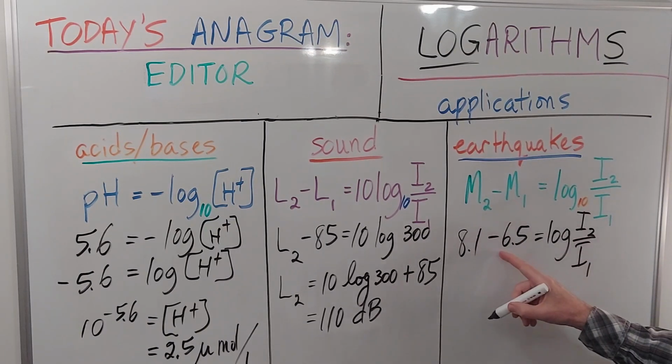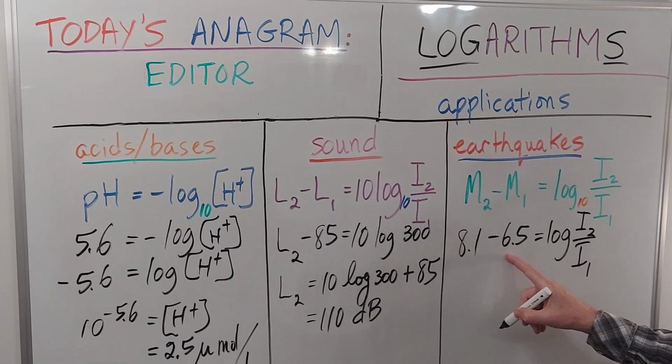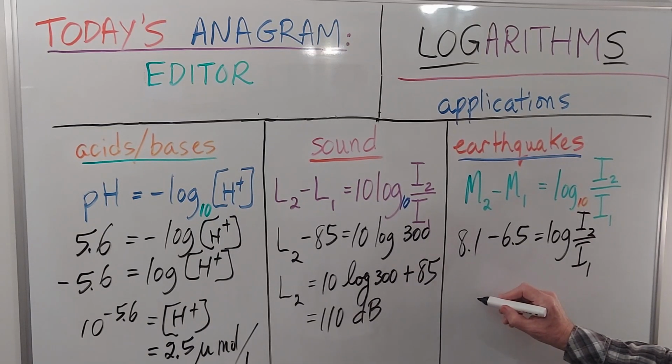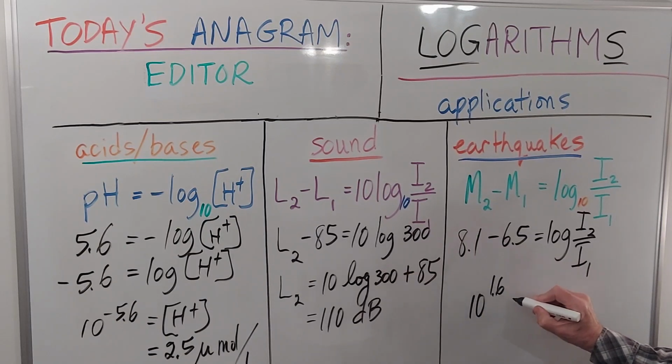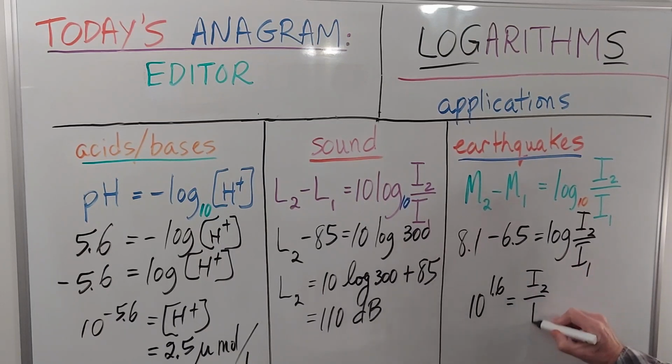So that being 1.6, and 10 to the 1.6 is the ratio of their intensities. You can work that out, it's about 40.